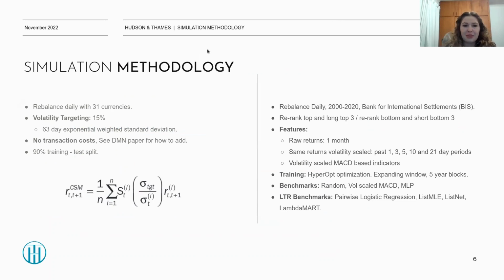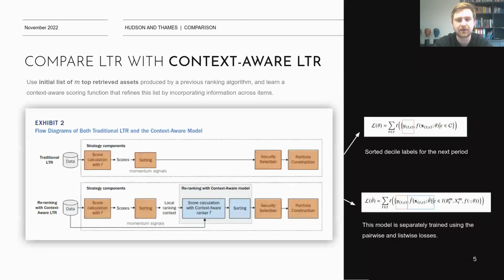Cool. So if we look at the methodology, you guys will recognize this slide from 2 weeks ago. So it's very, very similar to... Oh, yes. Can I just ask on the previous one? So they rank by the top decile. So they do it for the long positions only then. And then they have a separate loss function for the short positions as well, if I understand correctly. Yes, correct.